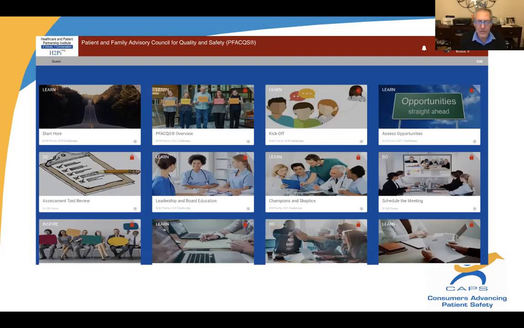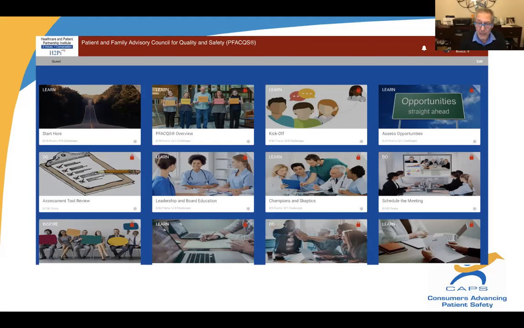This is not Zoom. This is a collaboration among the project teams. It's totally customizable to the organization, with the color scheme and marketing scheme of that particular organization. Your logo goes on the top left. And what we do is we take you through the journey, which is 35 different modules.